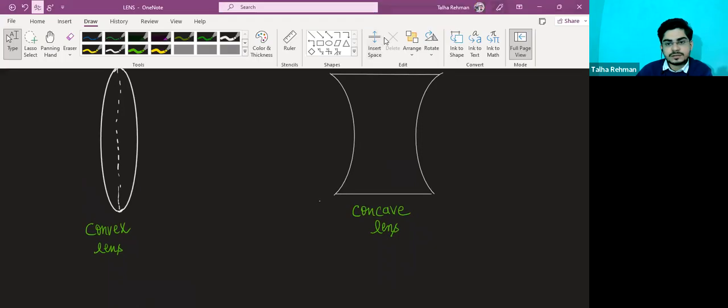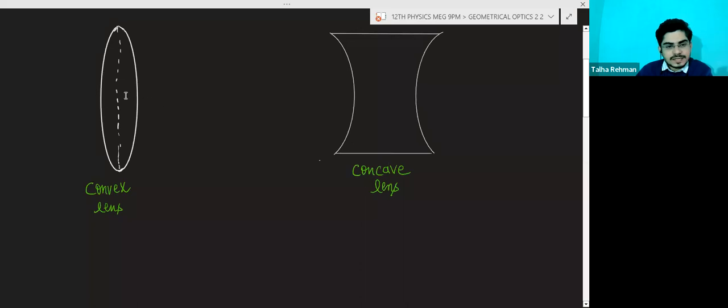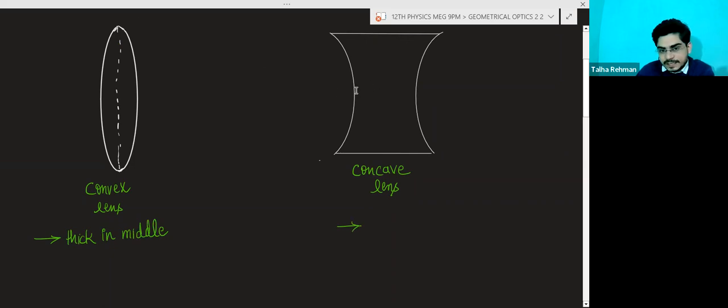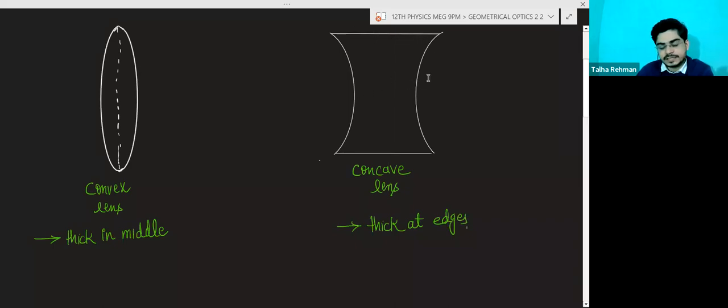One more point we can write: the convex lens is thick in the middle and thin at the edges, and the concave lens is thin in the middle, or you can say thick at the edges.